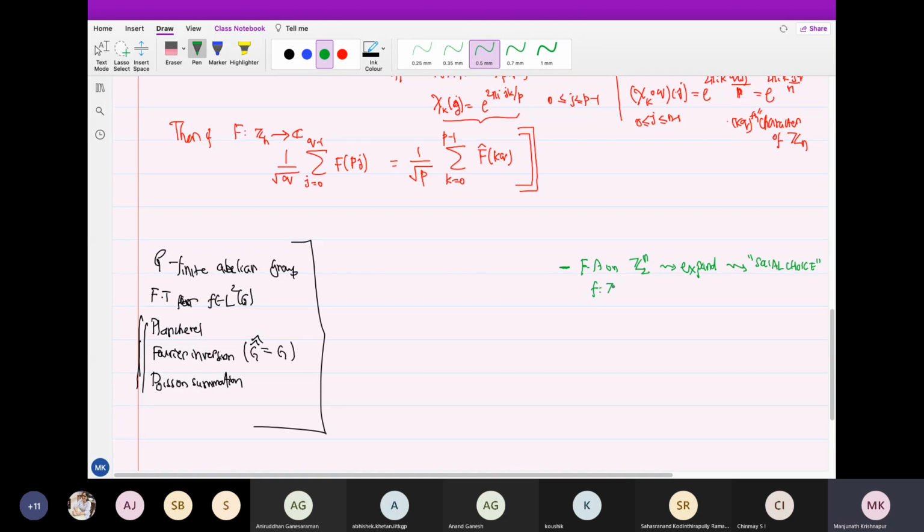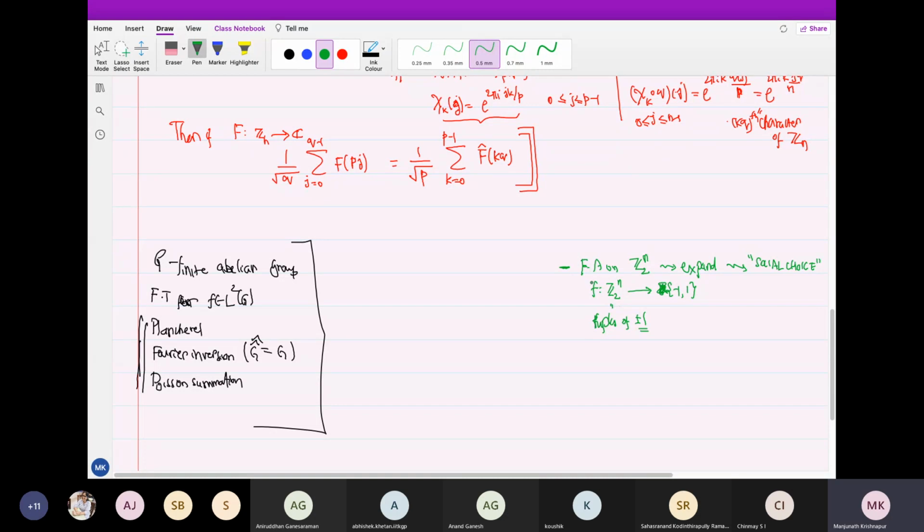Z2 to the N is all the tuples of plus or minus ones. And you have a function on Z2 to the N, particularly into plus or minus 1.